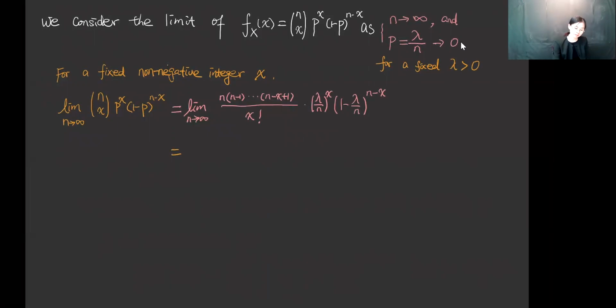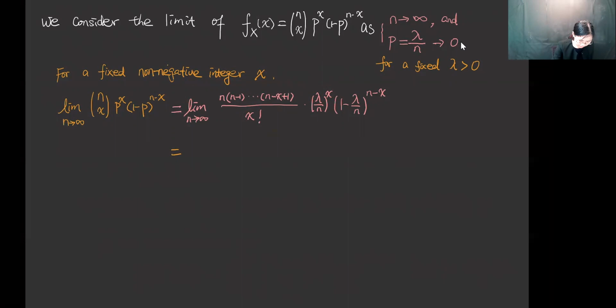Now, notice that this x factorial part doesn't depend on n, and lambda to the power x also doesn't depend on n. So these are constant. We can pull out of the limit.